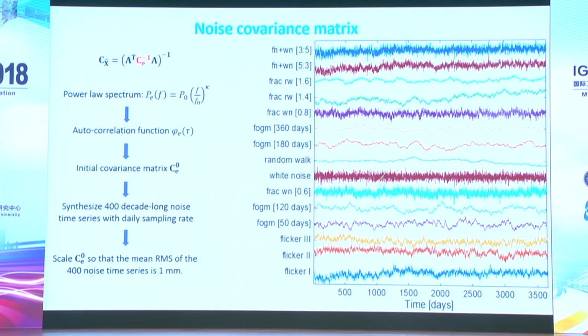So this figure here shows the sample we generated for each of the models. Here we only show one sample. We can see for the white noise it's pretty random. For the random walk, we can see very obvious temporal correlation, but they all have the same fluctuation.